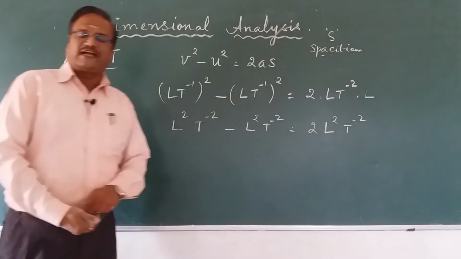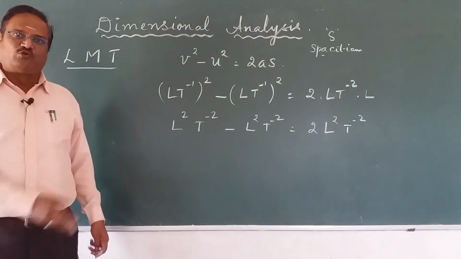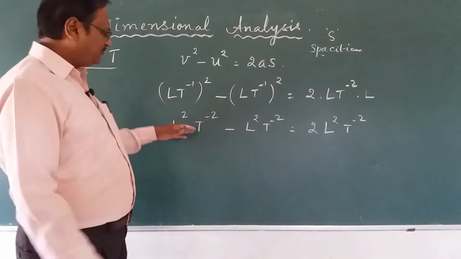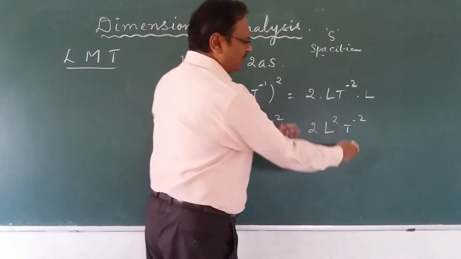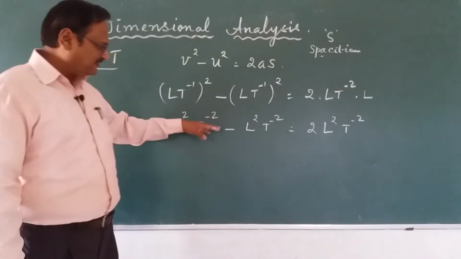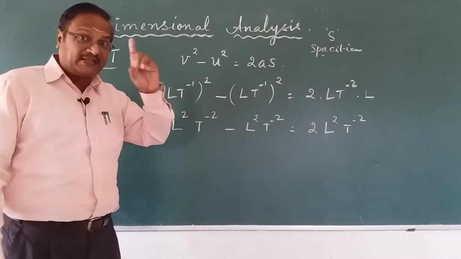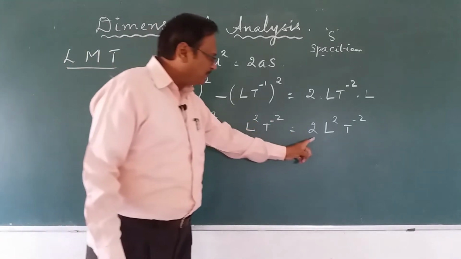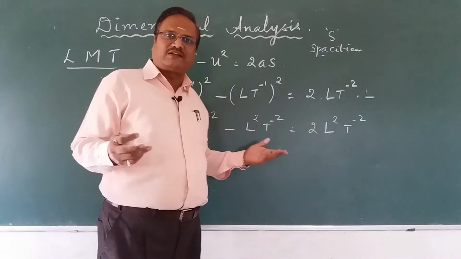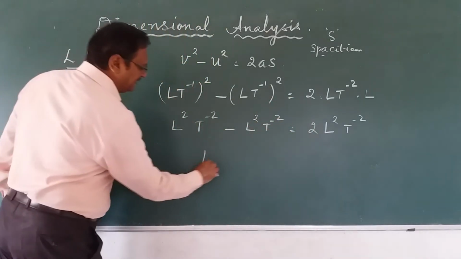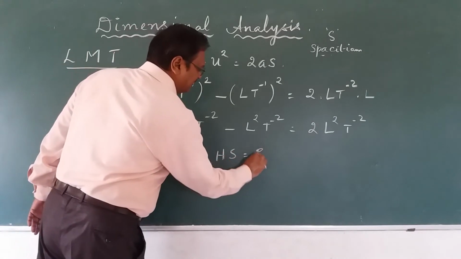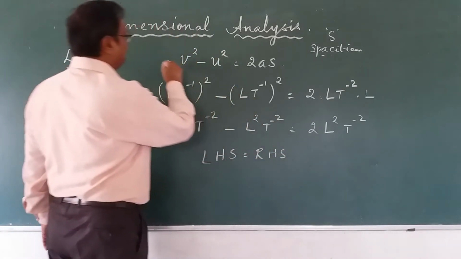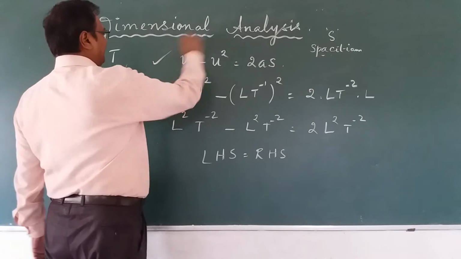I said to you that based on the principle of homogeneity, LHS should be equal to RHS. We don't worry whether it is a plus sign or minus sign. Multiply and division signs will make a difference. And we don't worry about the number 2. So, LHS is equal to RHS, which means the equation is dimensionally correct.